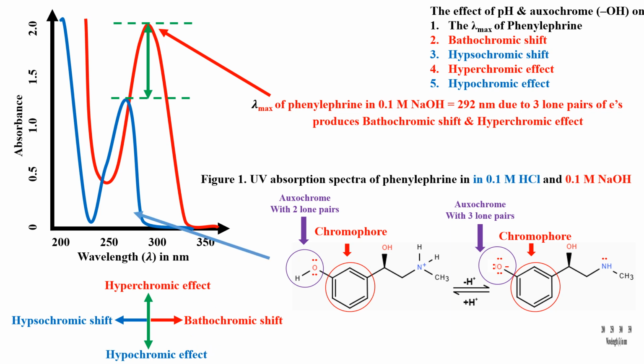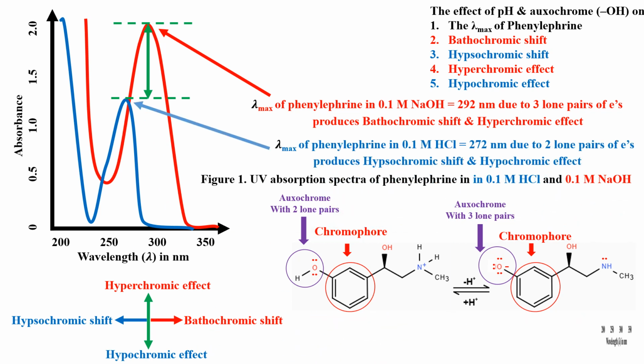Now what about acidic condition? Now under acidic conditions, lambda max of phenylephrine in 0.1 molar HCl is 272 nanometers, and this is due to 2 lone pair of electrons on the oxygen atom, and this produces hypsochromic shift and hypochromic effect.